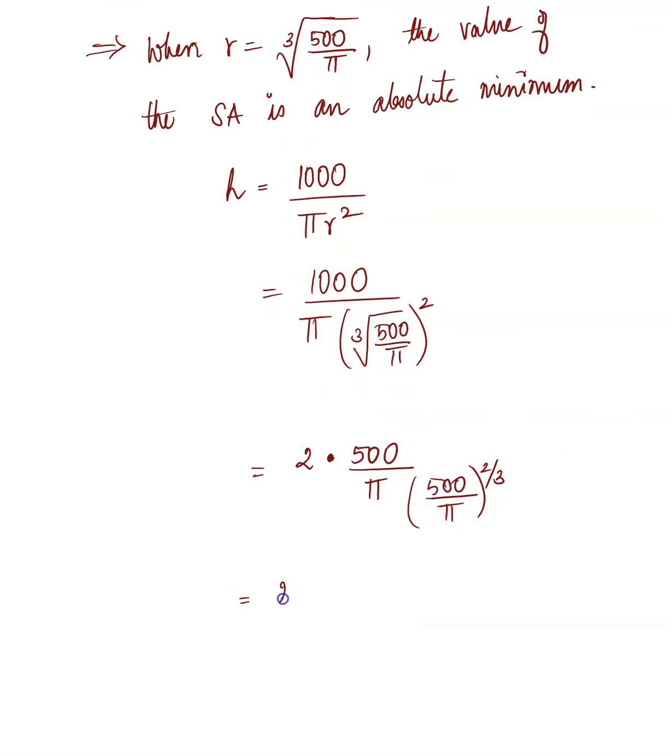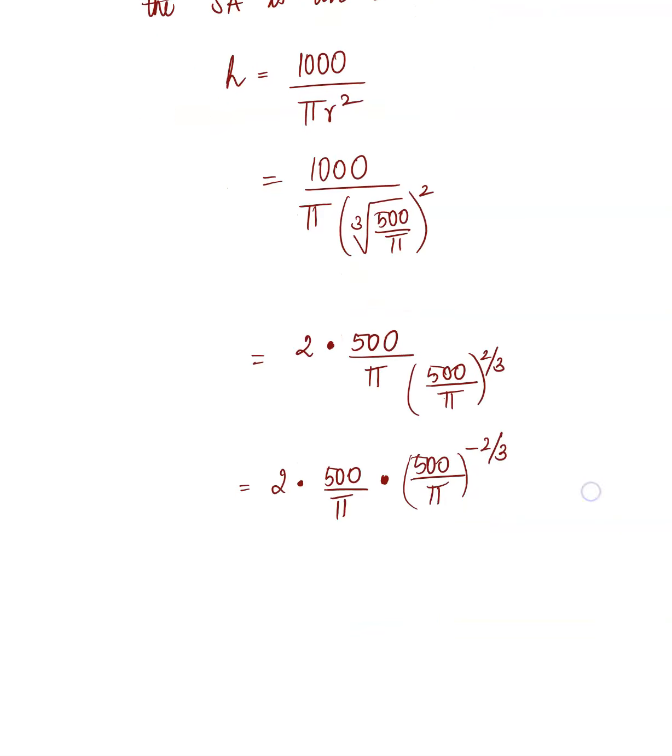So we got that. So 2 times 500 over pi times 500 over pi, which is sitting in the denominator, this one. If I move it up, it becomes negative 2 over 3. Isn't it? So that means this one has the power 1. Combine the powers, add the powers. So that will be 1 minus 2 over 3.